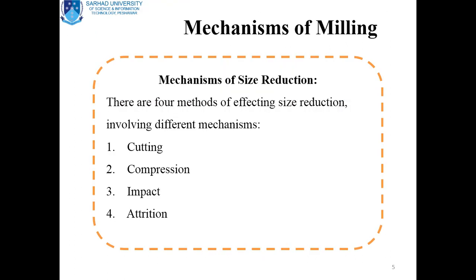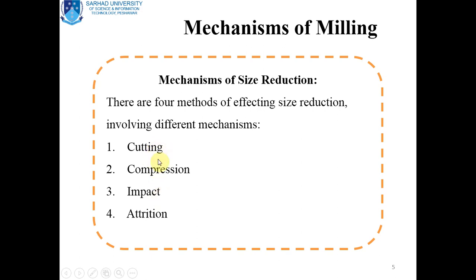Dear students, first of all, we will discuss in detail the mechanisms of milling. There are four methods of affecting particle size reduction involving different mechanisms, and these four mechanisms are as follows: cutting, compression, impact, and attrition.